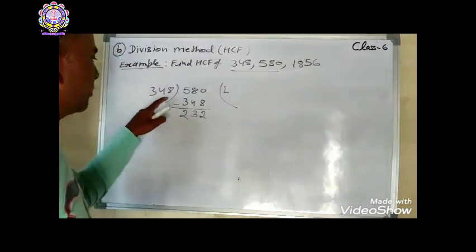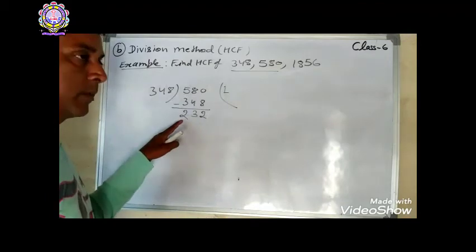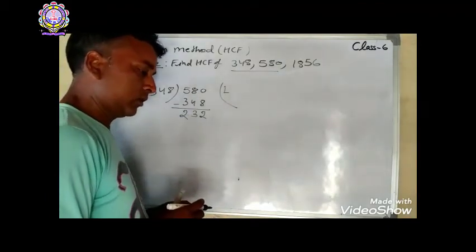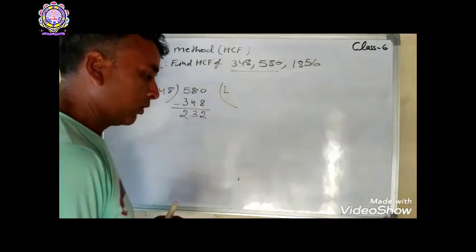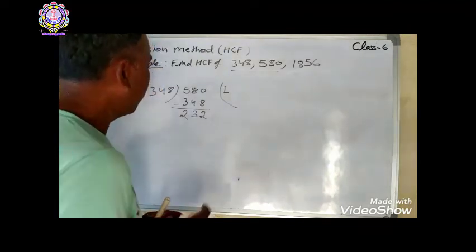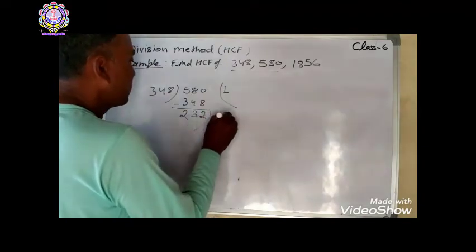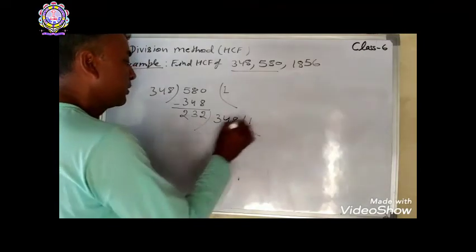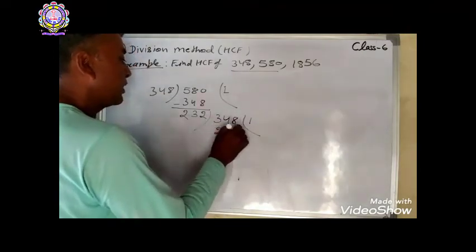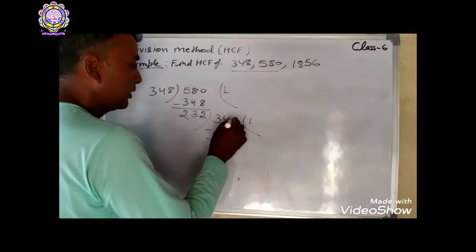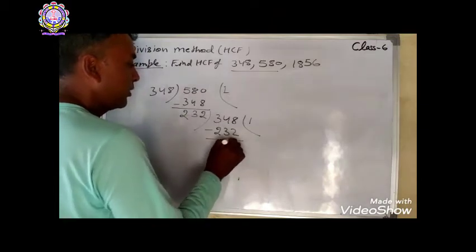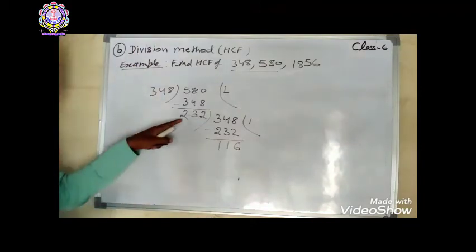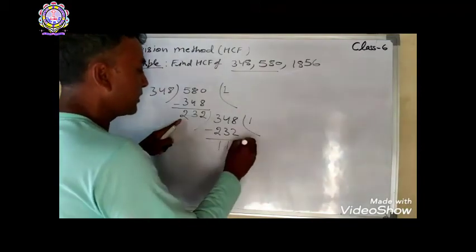And 348 is divided by the remainder 232. It is also divided once. 232, and subtract, you get 116. And again divide the next divisor by 116.